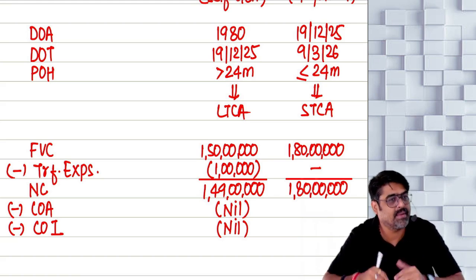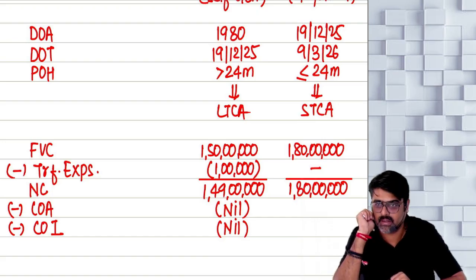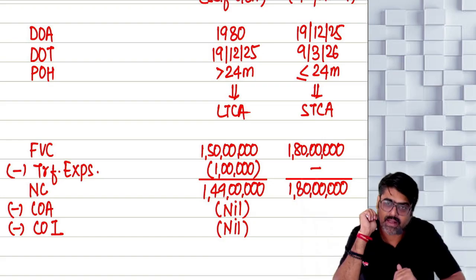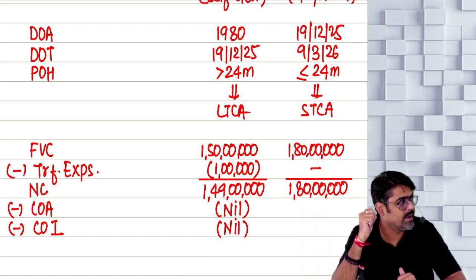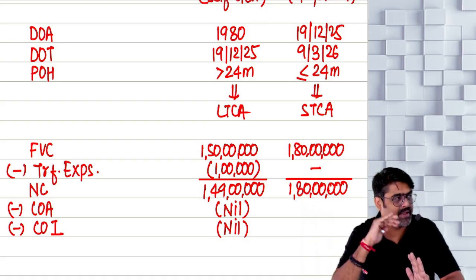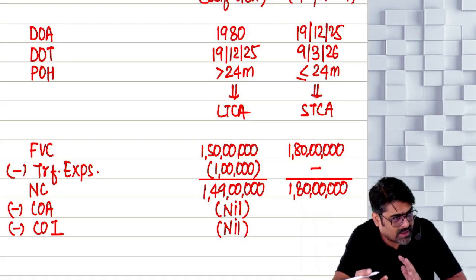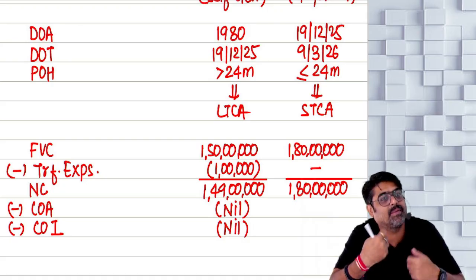So when Mehta sold, 2 lakh rupees of expenses were incurred. But out of that, half was borne by Mehta and half was borne by Gopal. So Gopal is acquiring, Mehta is transferring. Whenever Gopal incurs an amount at the time of acquisition, that will be added to his cost.